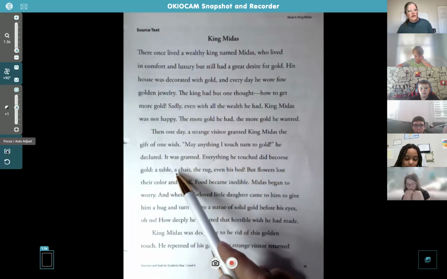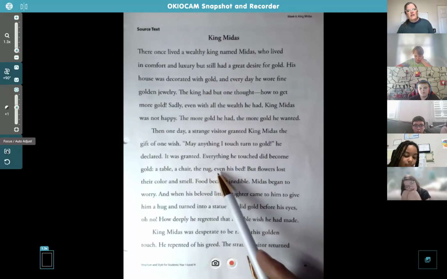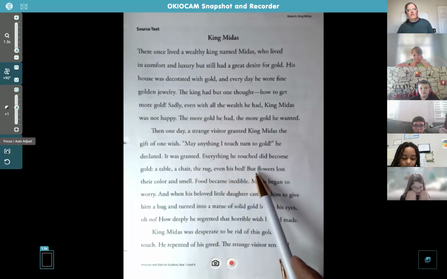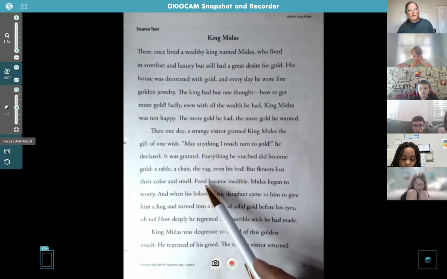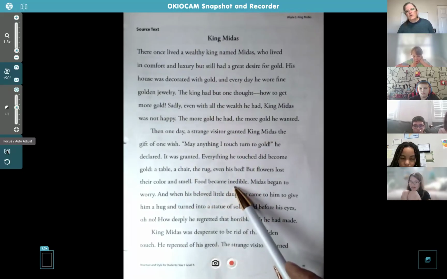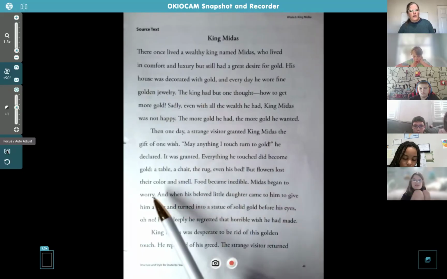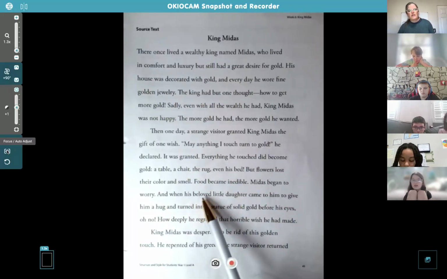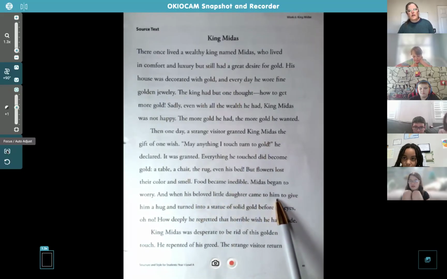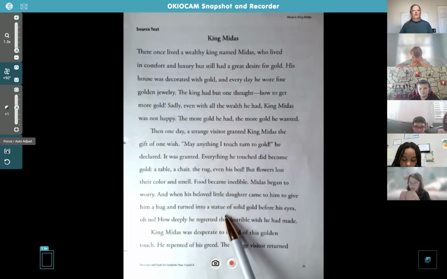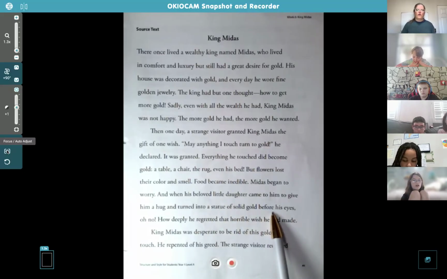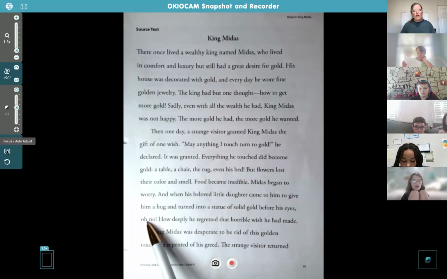Everything he touched did become gold. A table, a chair, the rug, even his bed. But flowers lost their color and smell. Food became inedible. Midas began to worry. And when his beloved little daughter came to him to give him a hug and turned into a statue of solid gold before his eyes, oh no!